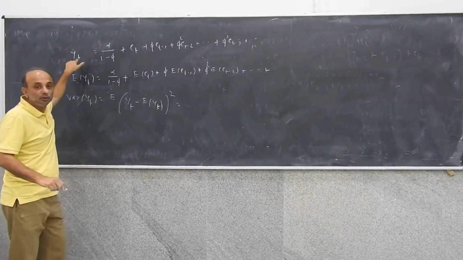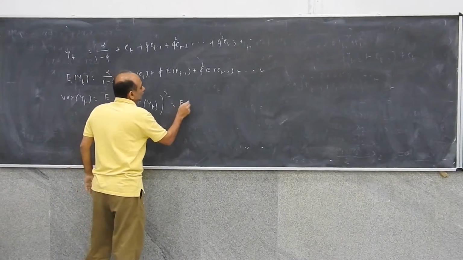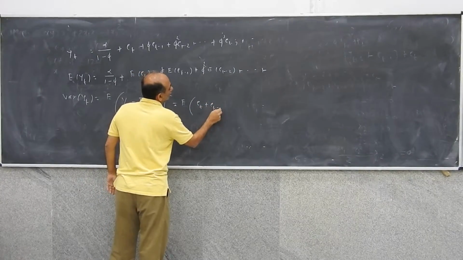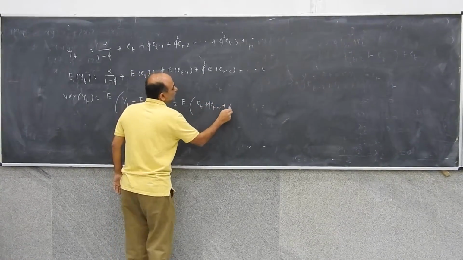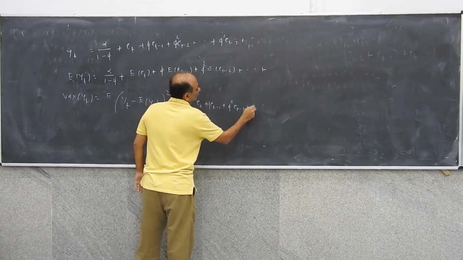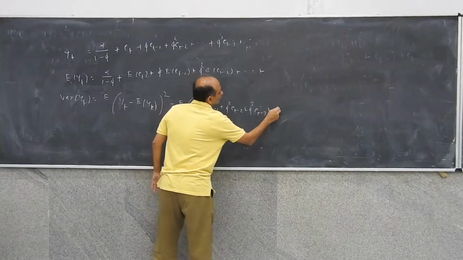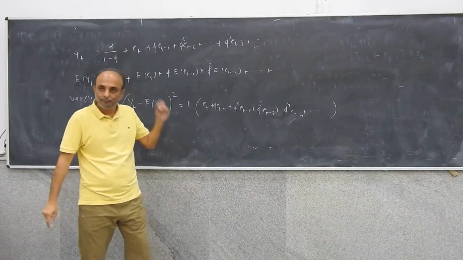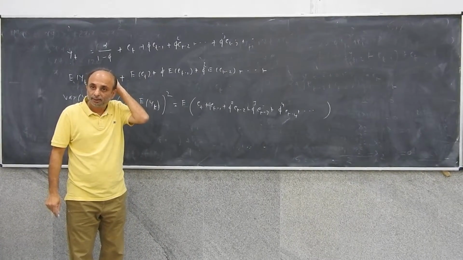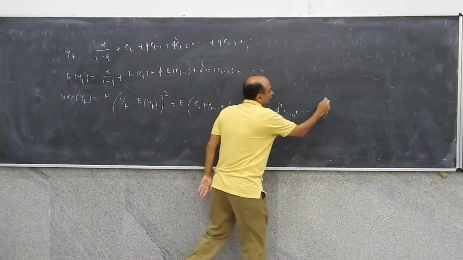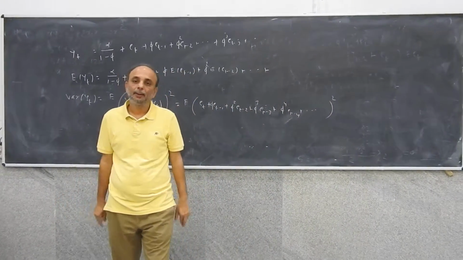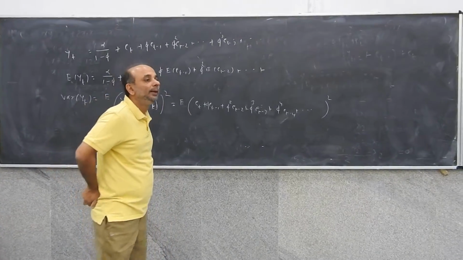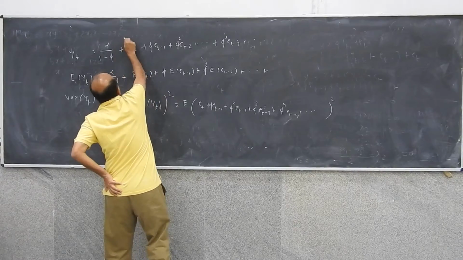So this minus this, whole square, is the expectation of et plus phi et minus 1, and so on, whole square. Now in general, what we are doing is looking at the variance of this whole sum.